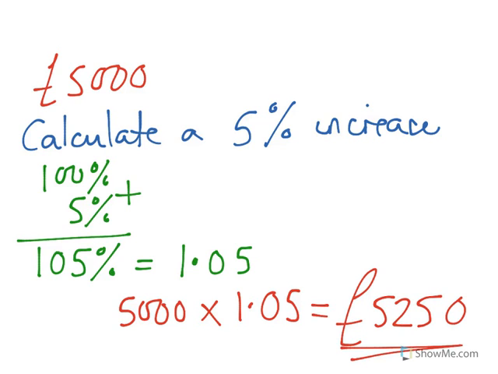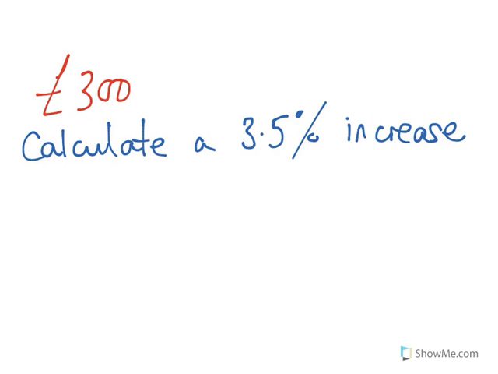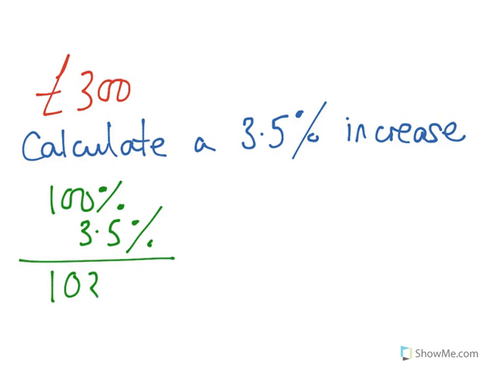Last one then. This time we're going to calculate an increase of 3.5%. So I'm going to be adding on 3.5%. So I need to find 103.5%. Now that as a decimal equivalent is 1.035.